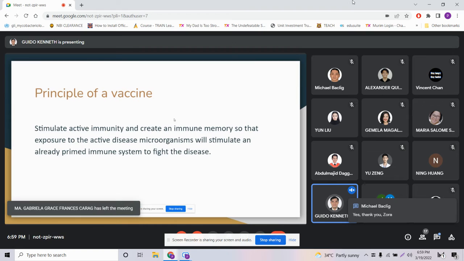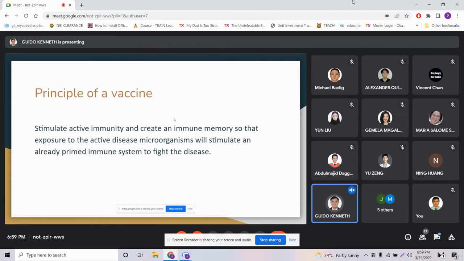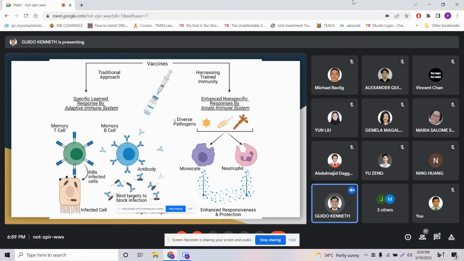The principle of vaccination is that the vaccine stimulates active immunity and creates an immune memory, so that exposure to the active disease microorganisms will stimulate an already primed immune system to fight the disease. In this illustration, we can see the effect of vaccines on the immune system. The traditional approach creates immune memory, and the next time the body is attacked by some pathogen, a specific learned response will be generated by adaptive immunity.